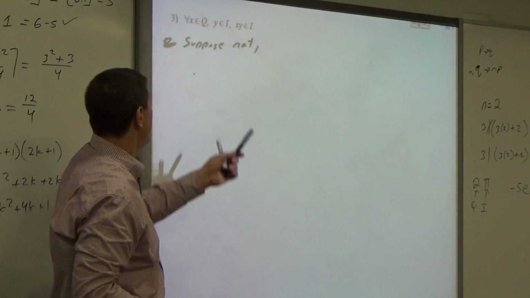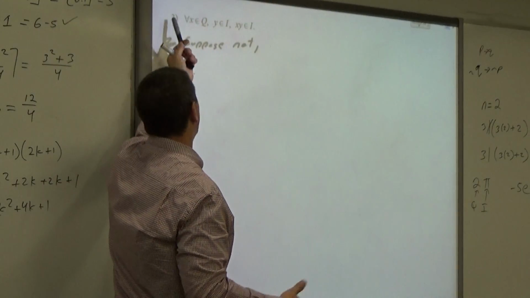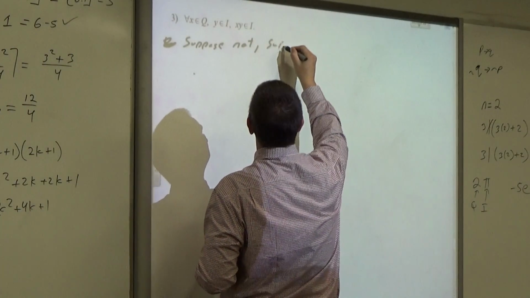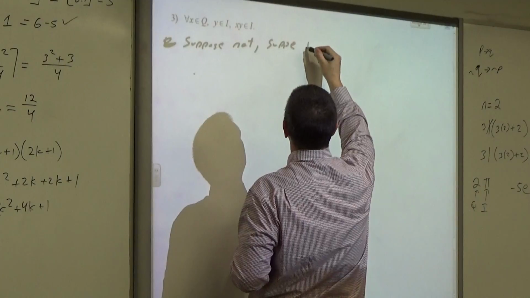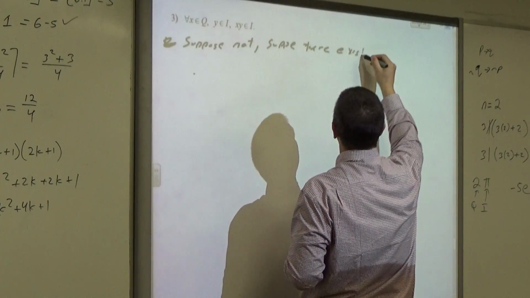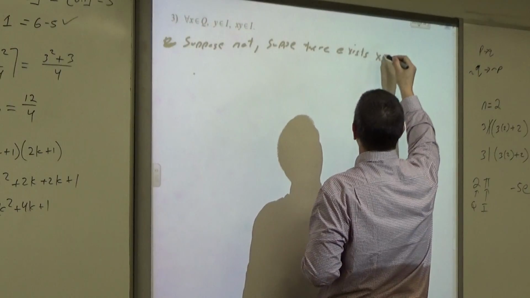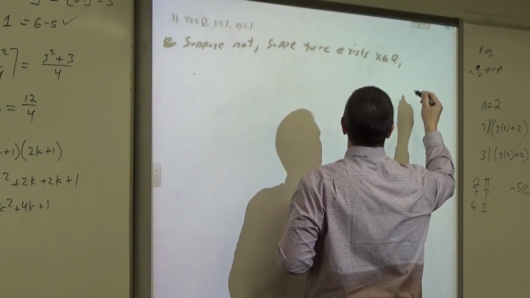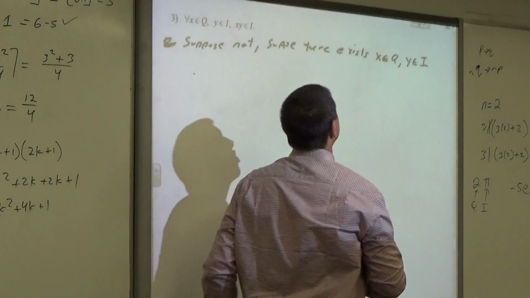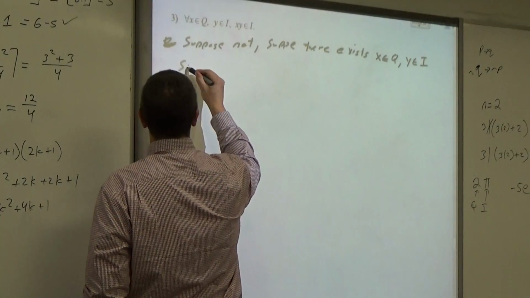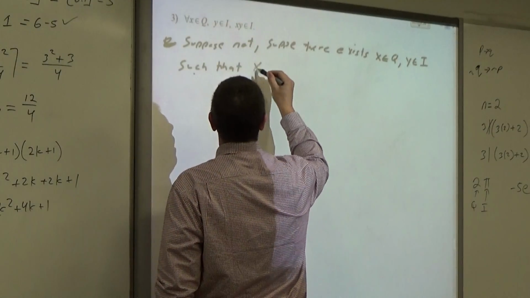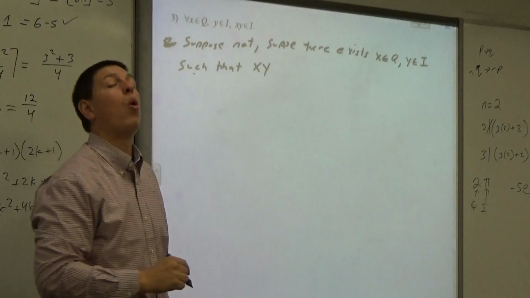So remember guys, there exists some x, or we could just say that the negation of this, suppose not. Let's say suppose there exists x in Q, y in I, such that xy is in what domain?